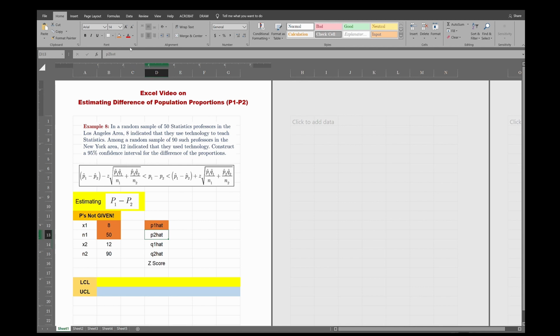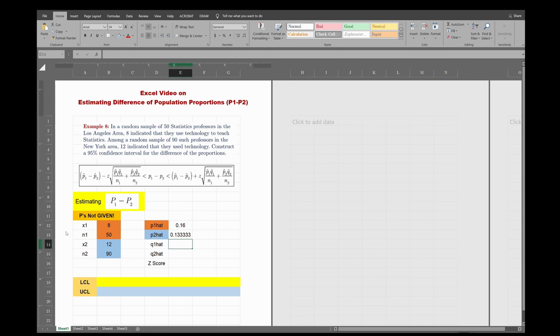And then P2, if I use a different color, let's go with blue. So if P2 is blue, then these two are going to have to be blue, because that's where P2 is going to come from. So P1 hat will be equal to x1 divided by n1. P2 hat is x2 divided by n2. So this way I could find the first and second percentages.